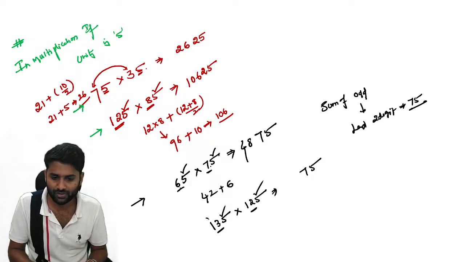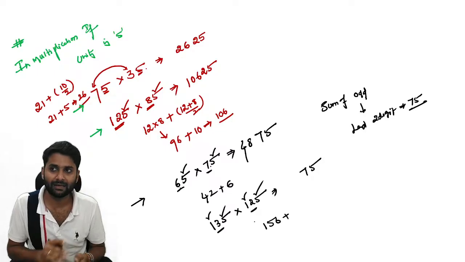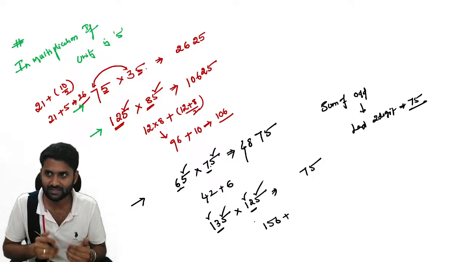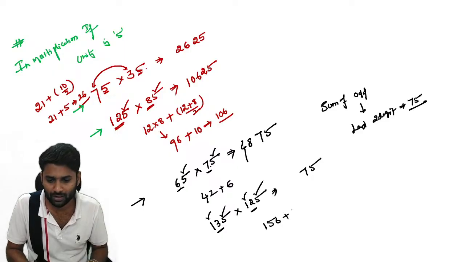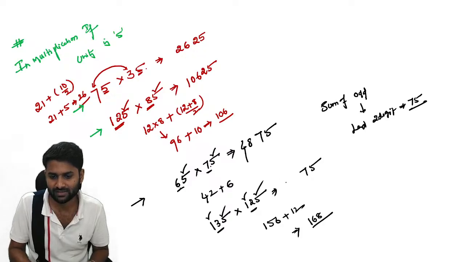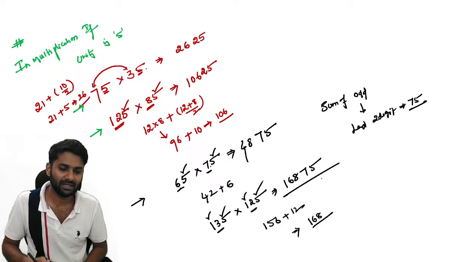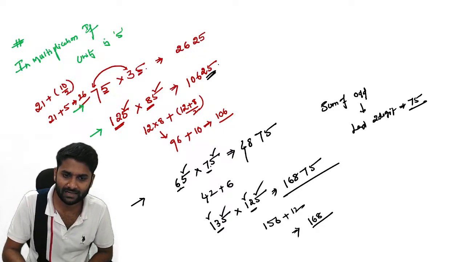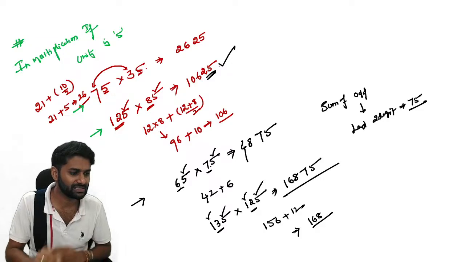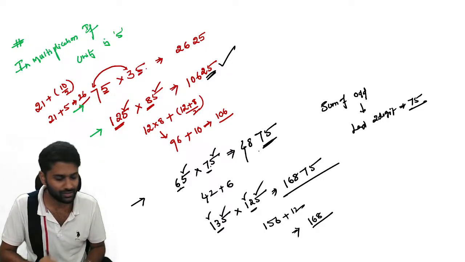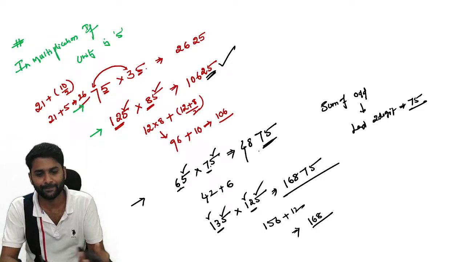Now the same approach here. 13 into 12 is 156, and 13 plus 12 is 25, divided by 2 is about 12 units only. So 156 plus 12 is 168. So the answer is 16875. Remember that if the sum is even, 25 is the last two digits. If the sum is odd, then the last two digits must be 75.